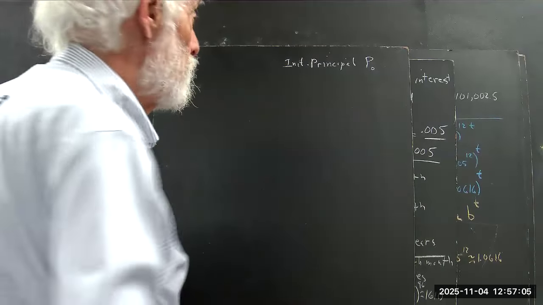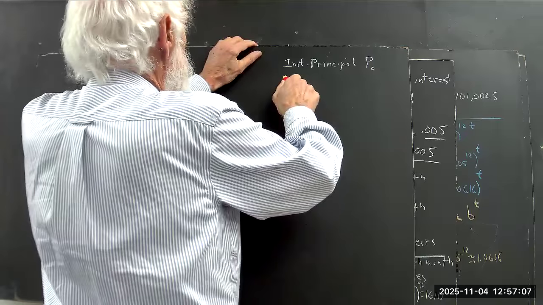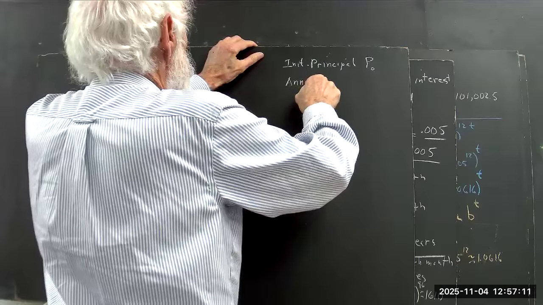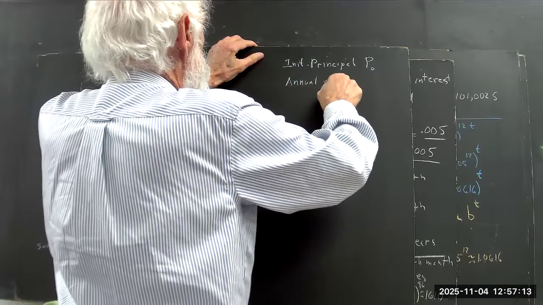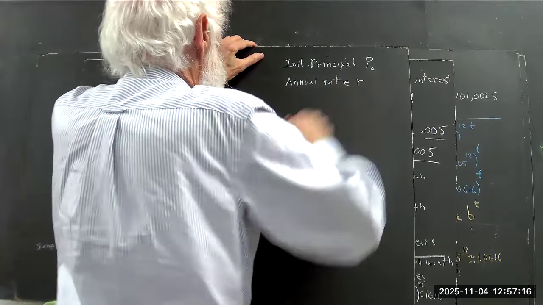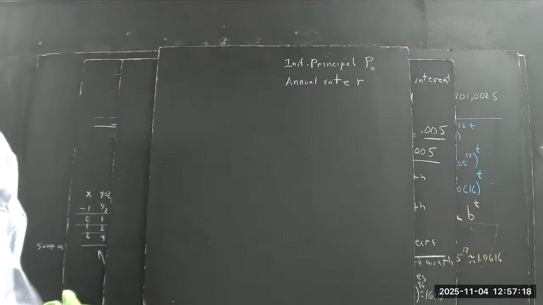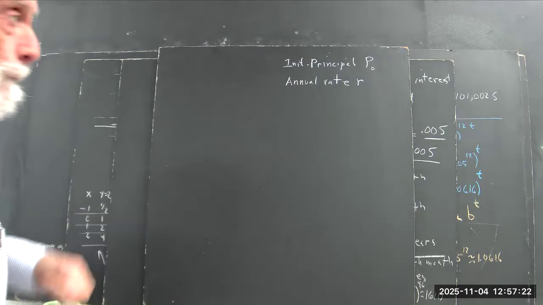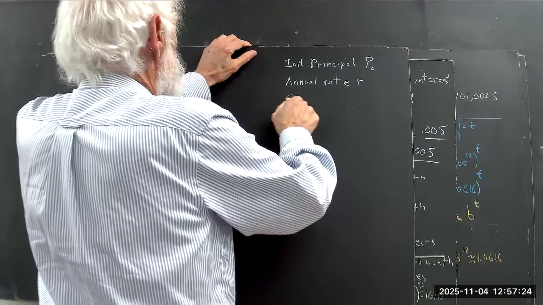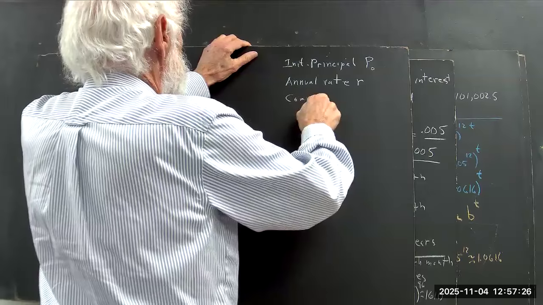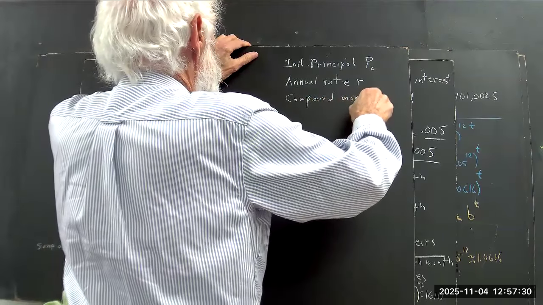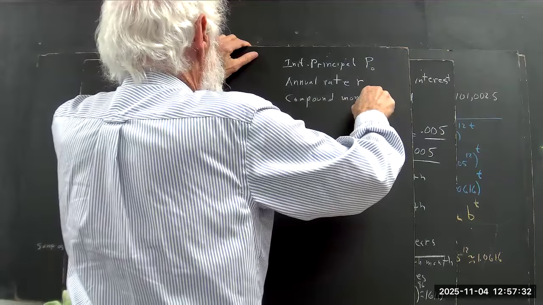It's R, your annual rate, compounded monthly.